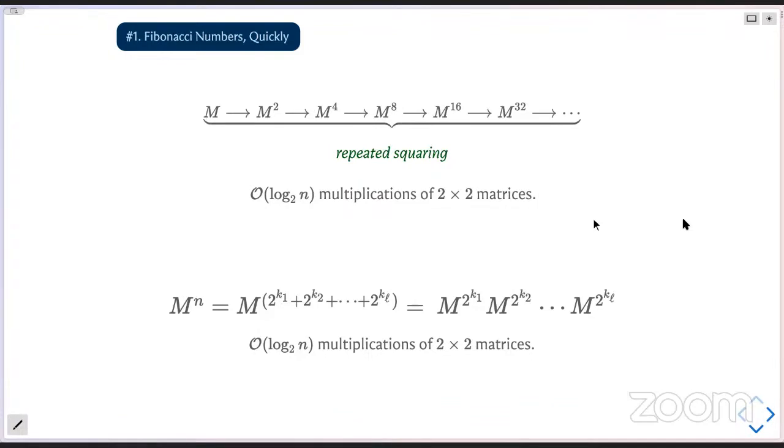Well, I agree with Joel that specifically the claim being made is about m raised to n. If you think of the sum in terms of powers of 2 as being given, then the number of 2 by 2 matrix multiplications that you have to execute is at most like 2 log n or so.